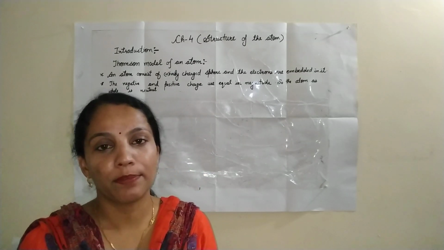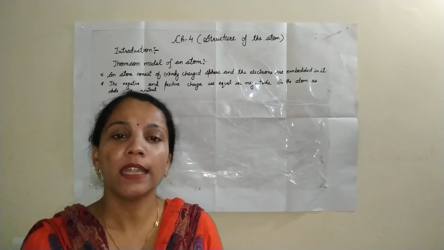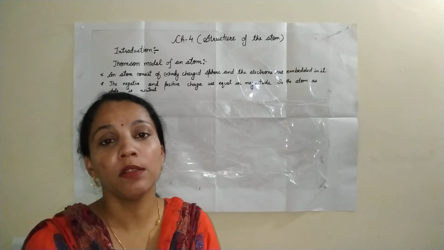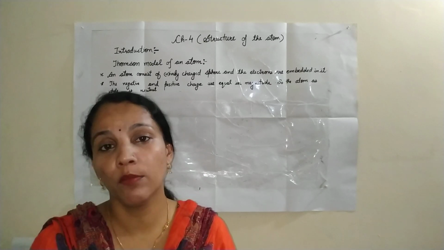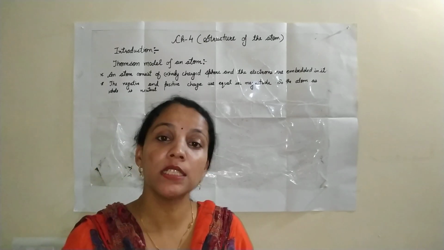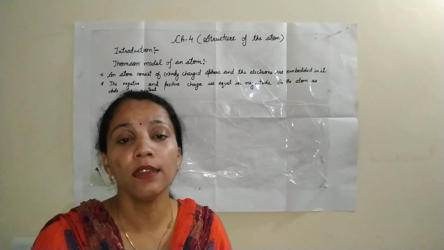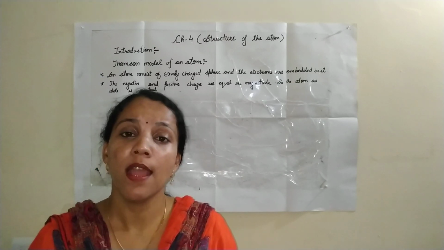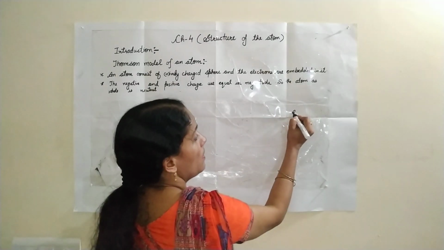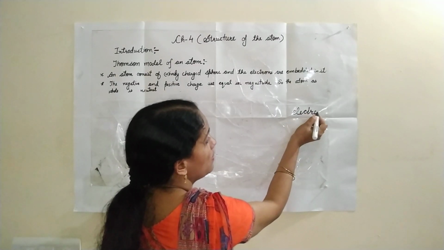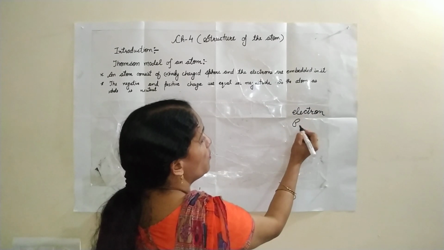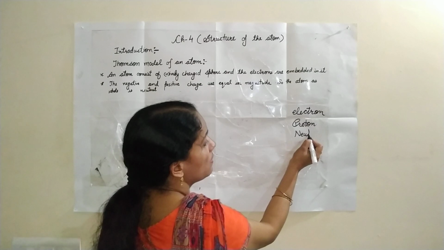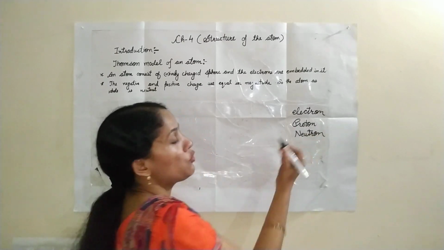In the previous chapter, Dalton said that the atom is very small and indivisible. Indivisible means which we can't divide more. But further, some scientists worked on that and they said that the atom can be divided into 3 subatomic particles, and that are electron, proton and neutron.